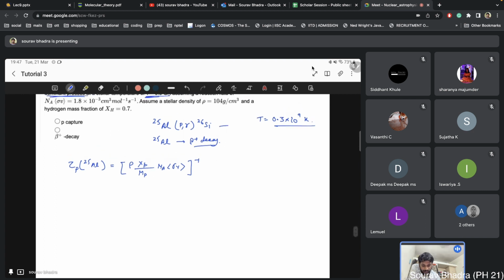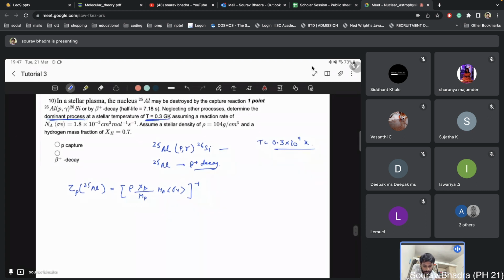But in this question I will point out one particular thing that is important. Everything is given here: rho is 10 to the power 4, not 104, so 10 to the power 4 gram per cm cube, a printing mistake I think, and mp is 1.67 times 10 to the power minus 24 gram.